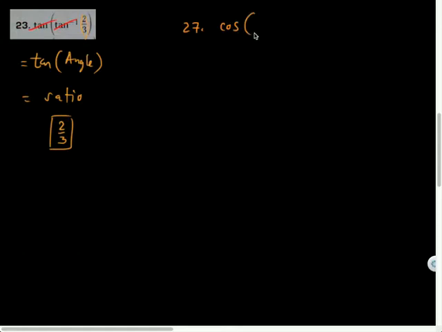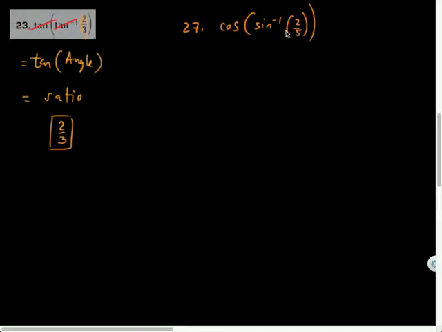This is cosine of sine inverse of 2/5. Okay, so check this out. This is sine inverse of 2/5. So that's going to give me an angle for which the opposite over hypotenuse is 2/5.